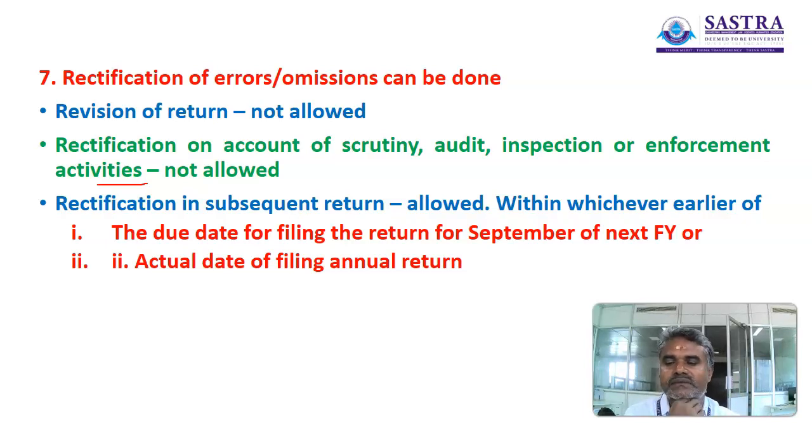Rectification is in a subsequent return. Once they have finished their process, they ask you to file one more return. This will be submitted by the earlier of the following due dates: the due date for filing the return for September of the next financial year, or the actual date of filing of the annual return. These two dates are very, very important.